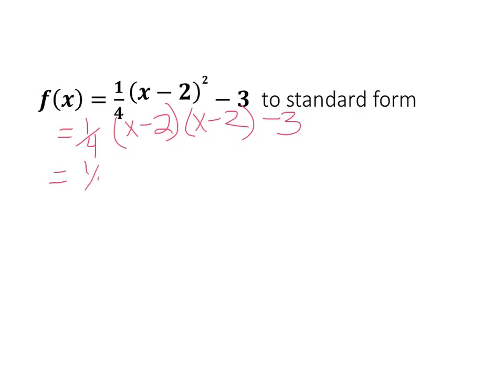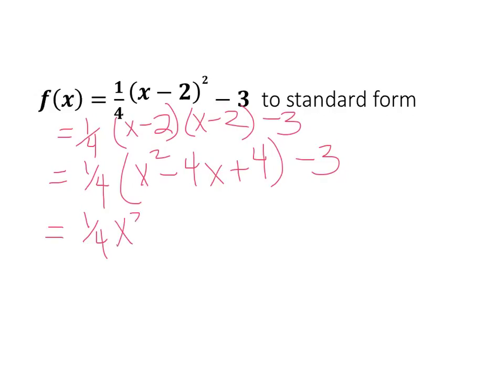Our next step would be to do distributive property over the 2 brackets. So make sure you have a bracket there. X squared minus 4x plus 4, bracket, minus 3. Then the next thing you're going to do is multiply the 1/4 through. So we end up with 1/4 x squared minus x plus 1 minus 3.